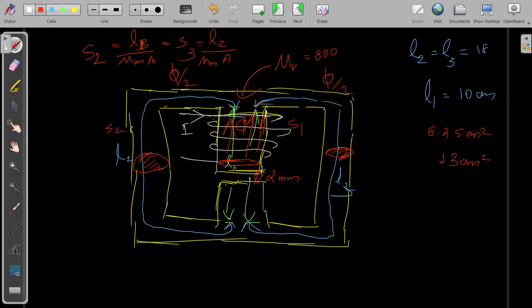This limb offers S3 reluctance, and this air offers a reluctance S air. Then we have this air gap, actually present at the center.